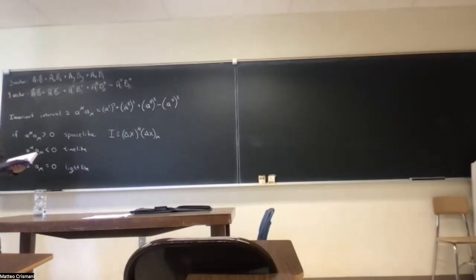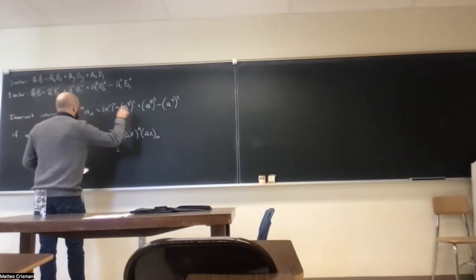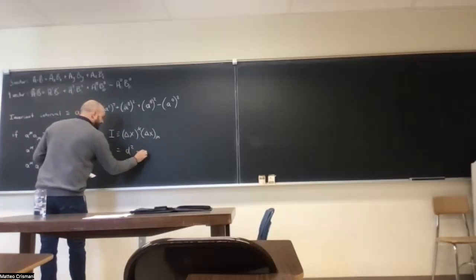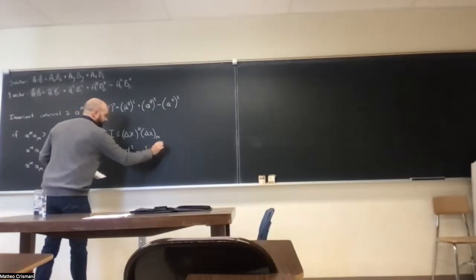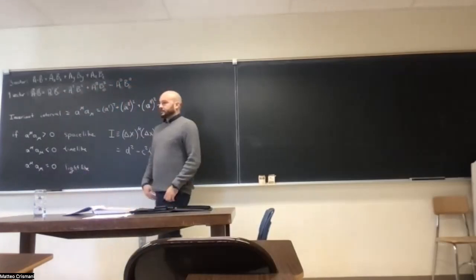Right? Okay. Another way of writing this would be if you wrote out all of the individual components, but I don't want to do that. So instead, I'm going to say the distance in space squared minus c squared t squared. And now this should make a lot more sense, right?